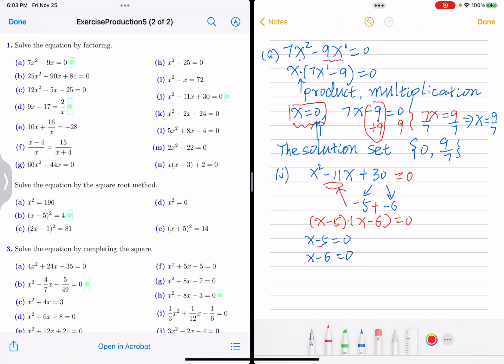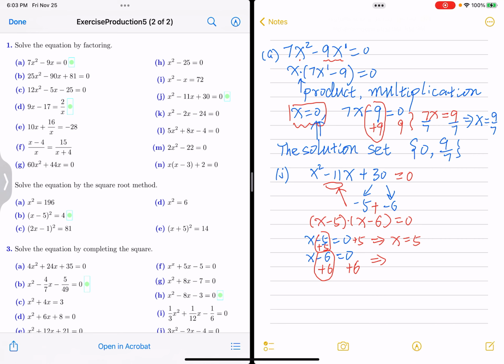Here we plus 5 on both sides. We then have the positive and negative cancelled. So x equals 5 in this case. Here we plus 6 on both sides. Then the positive and negative 6 will be cancelled.